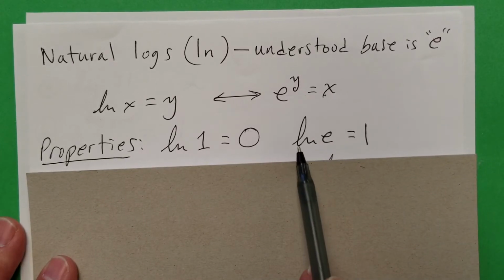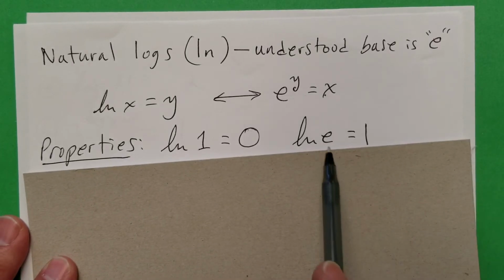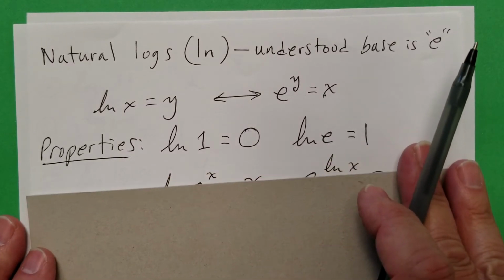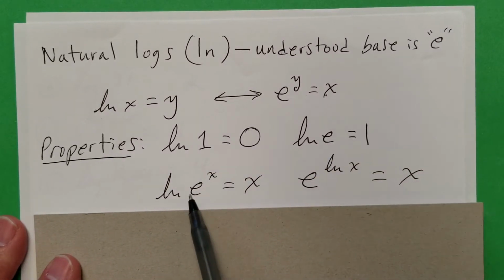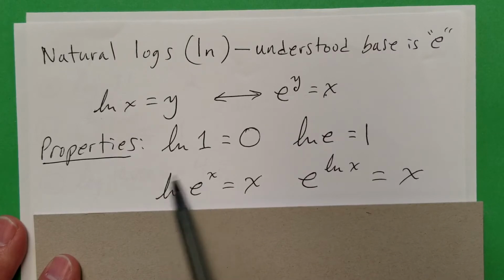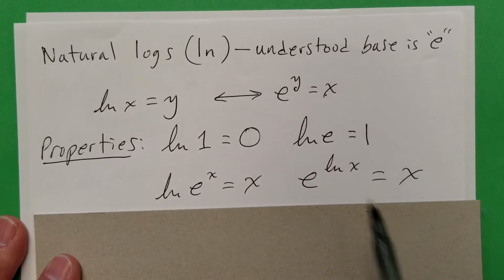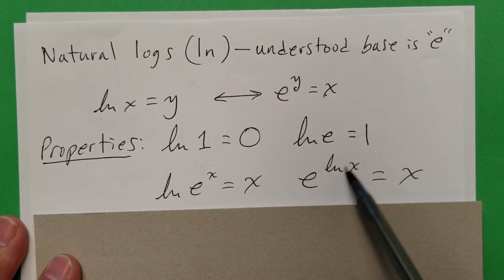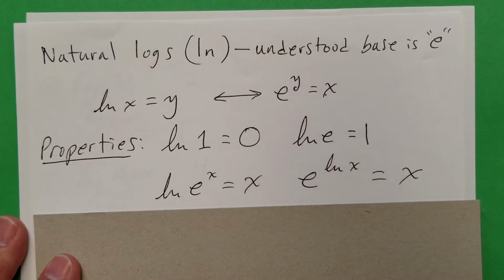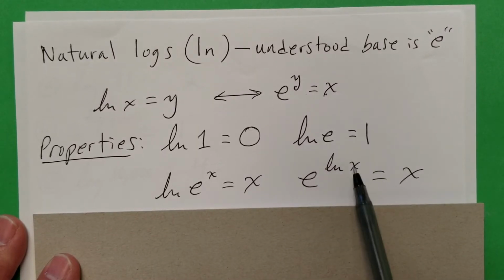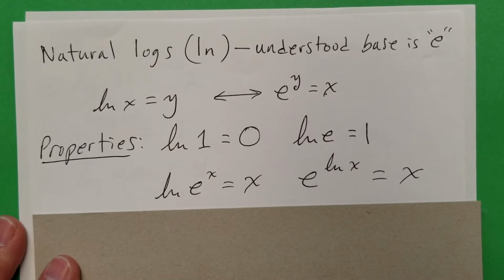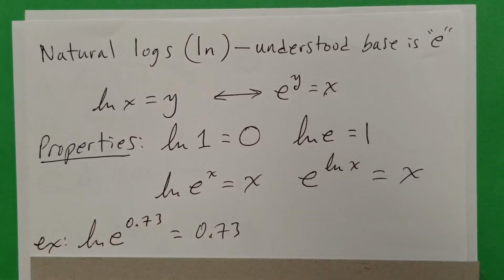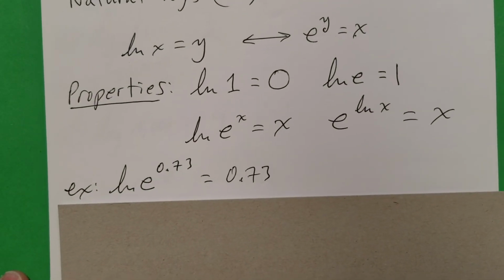Whenever you see ln and e together, nothing in between, they cancel each other. So for example here, ln e, they cancel each other and you're left with x. e to the ln, same thing, they're next to each other, right? So e to the power of ln x, they cancel each other and you're left with x. Okay, these are the properties. So we're going to use these properties to help us solve.